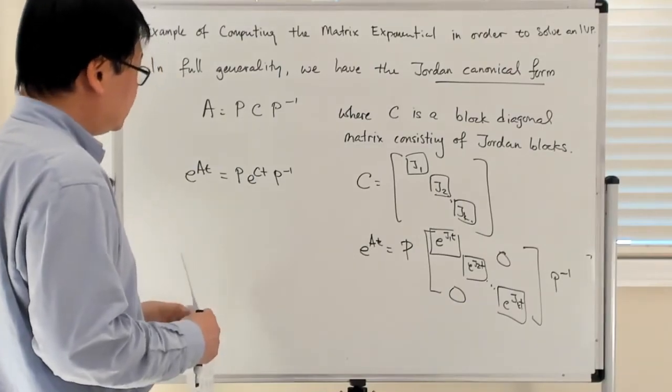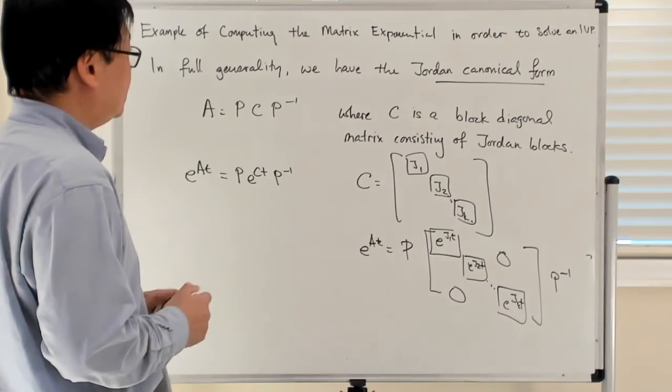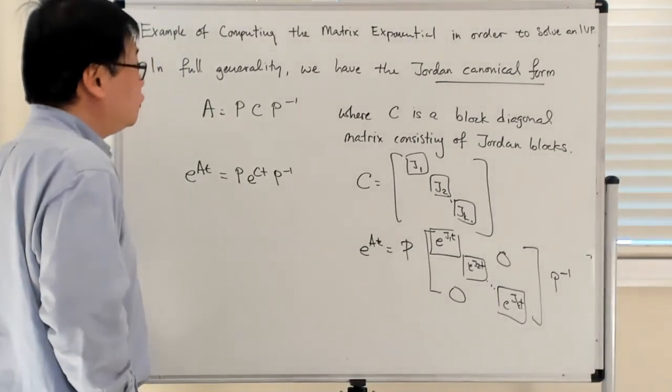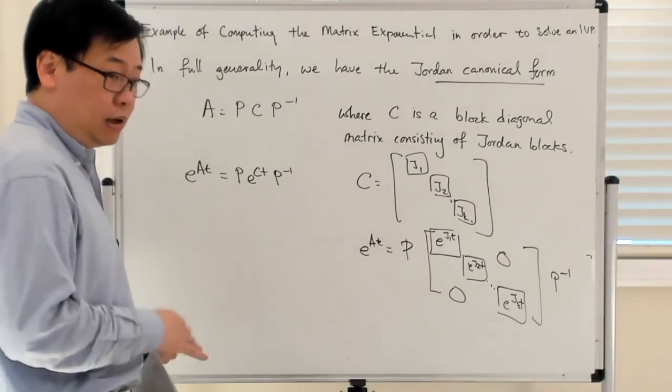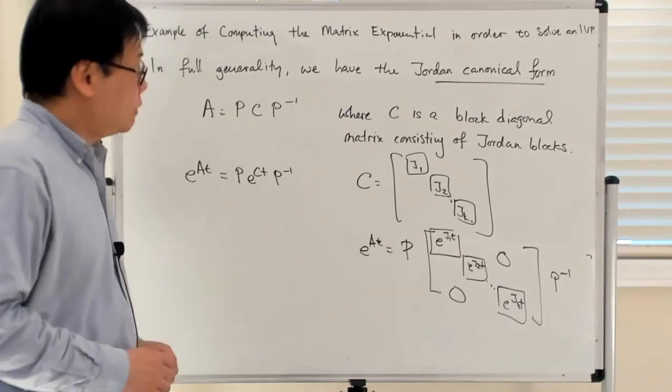That's basically what you need to do in order to compute the matrix exponential in service of solving an initial value problem consisting of a system of linear differential equations. So let me just stop here.